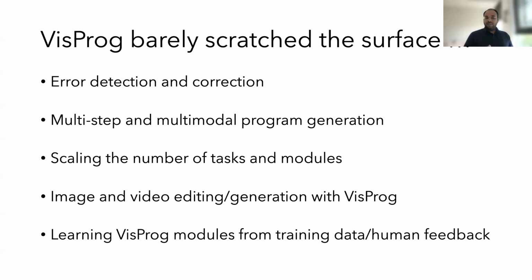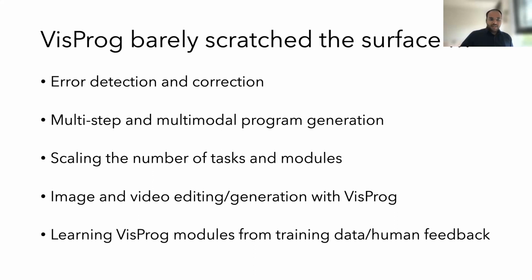We are now able to just invoke them in sequence, and they can be different models. You can use the state-of-the-art object detector, the state-of-the-art segmenter, and then state-of-the-art image editing models together to get the desired output. But extending it to video models, or video editing tasks, is a challenge, because then you somehow need to figure out how to ensure consistency across frames.